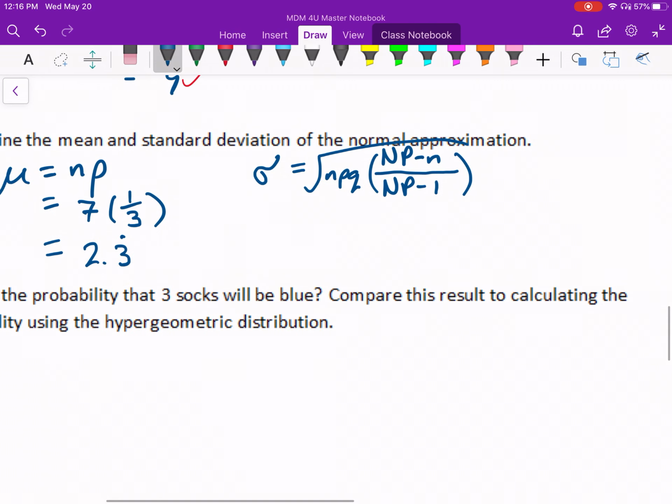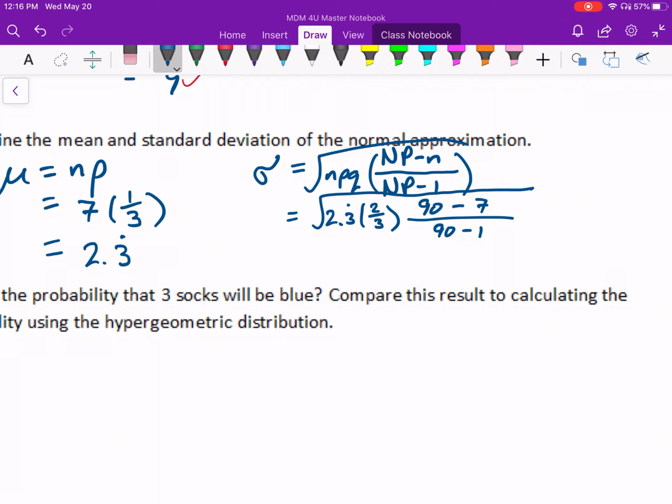All right. Well, we already know that n times p is 2.3 repeating, so that saves us a little work. q was 2/3. Those are just the proportion of the rest of the socks. Remember, N was 90, so 90 minus 7 over 90 minus 1, and then we're going to take the square root of all that.